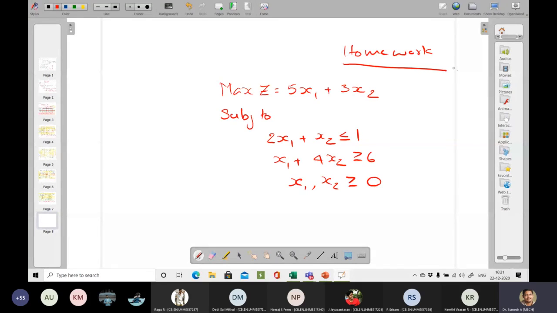This one you try for the two-phase method, just for practice. You can take a screenshot. Taken?